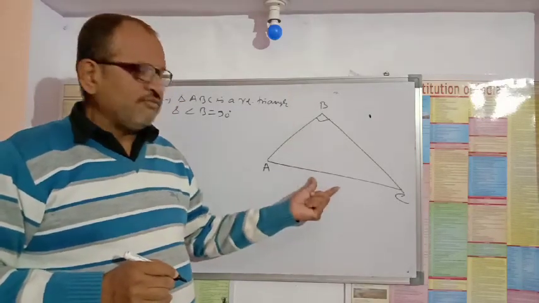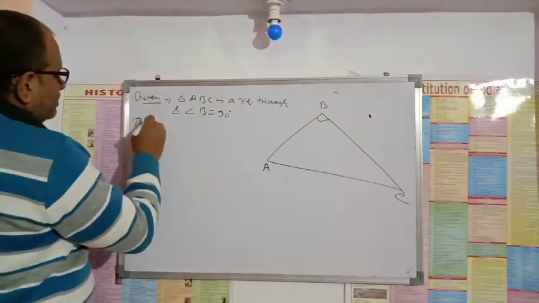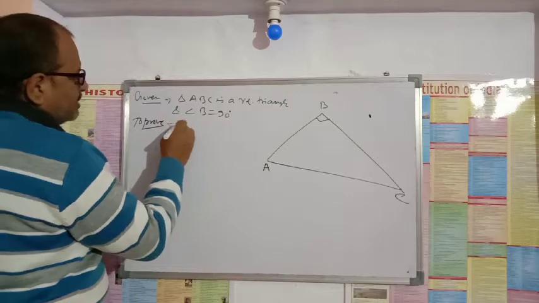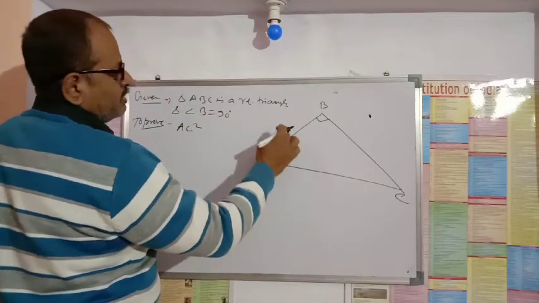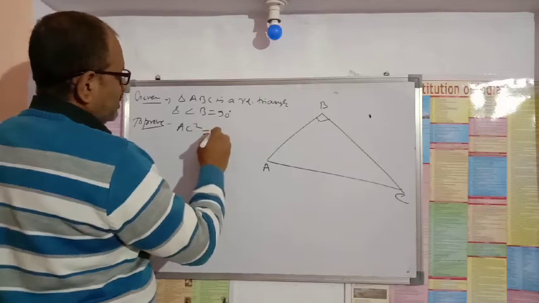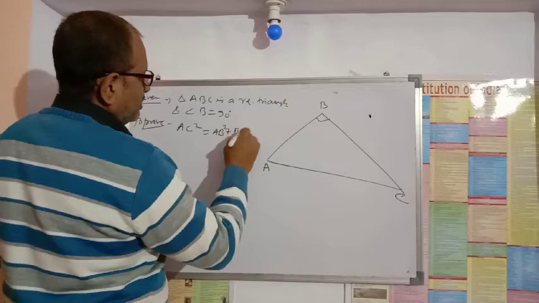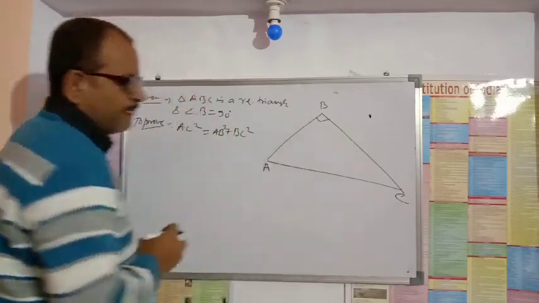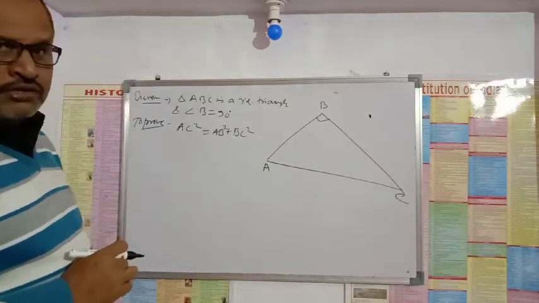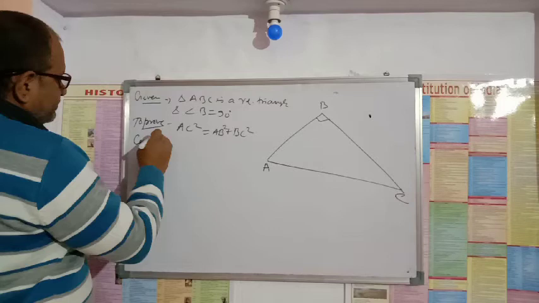The side opposite angle B will be the hypotenuse AC. We have to prove that AC square, the square of the hypotenuse, is equal to AB square plus BC square. This is the Pythagoras theorem.